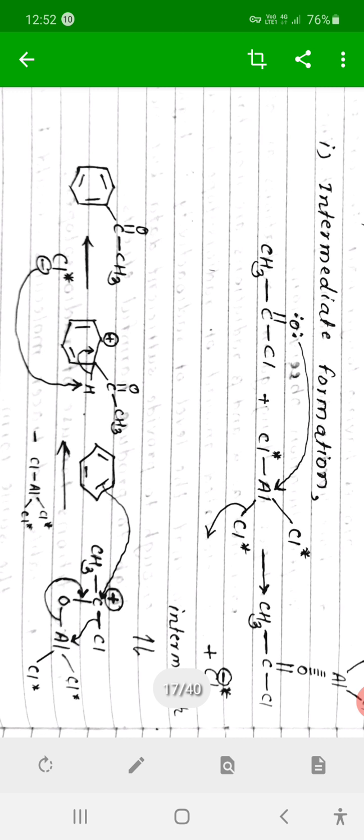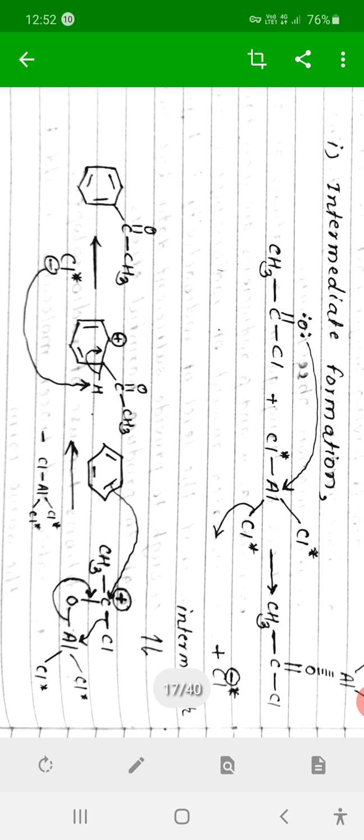Why is that one electron deficient? Because if we consider the outermost shell electrons in aluminum, there are 6 electrons. And for stability we know that 8 electrons are required in the outermost shell. Therefore aluminum always tries to accept electrons.